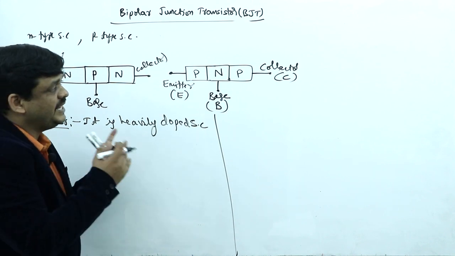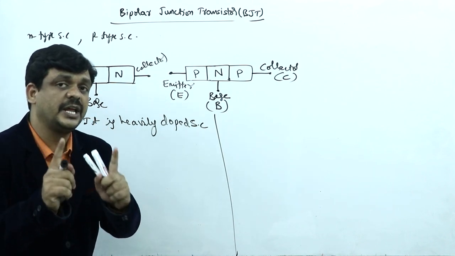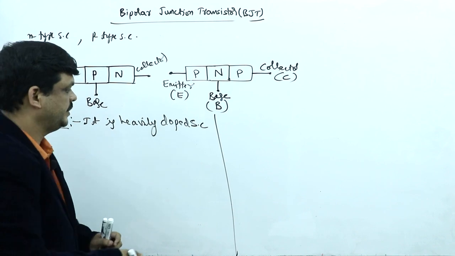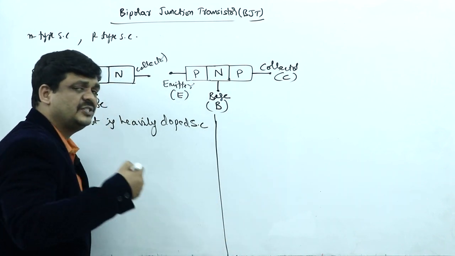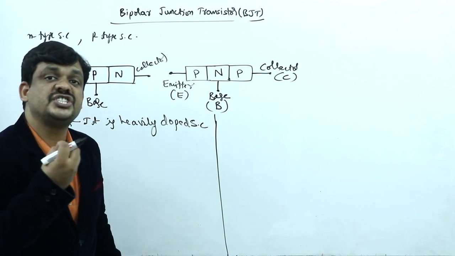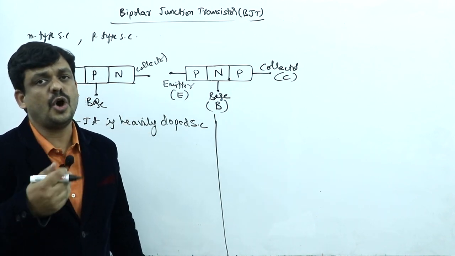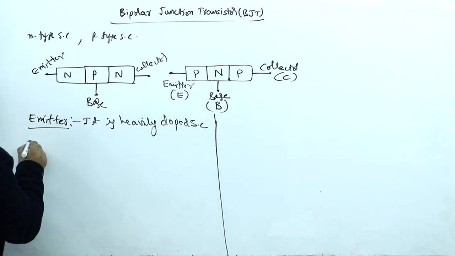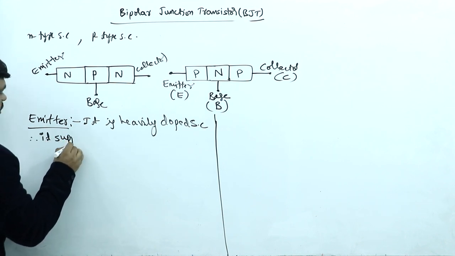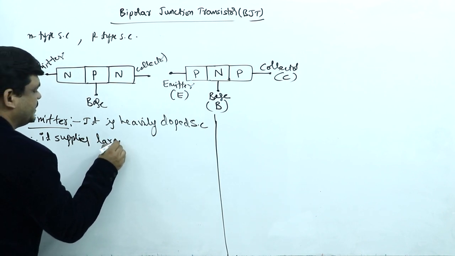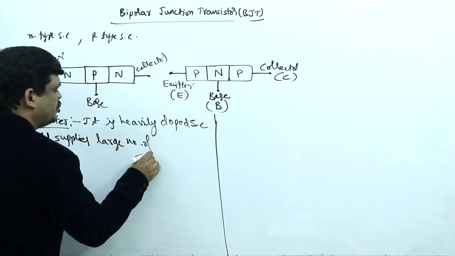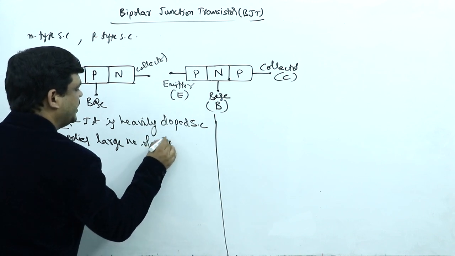From these 3 semiconductors, one should be highly doped, so the doping is very high. What happens here? It supplies a large number of majority carriers.